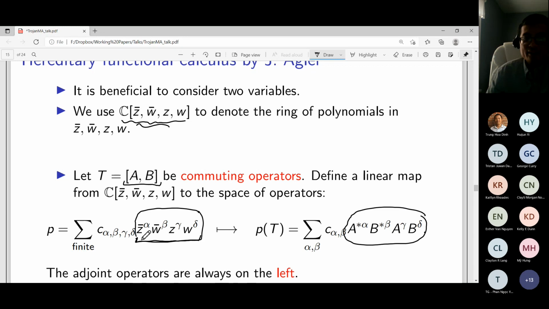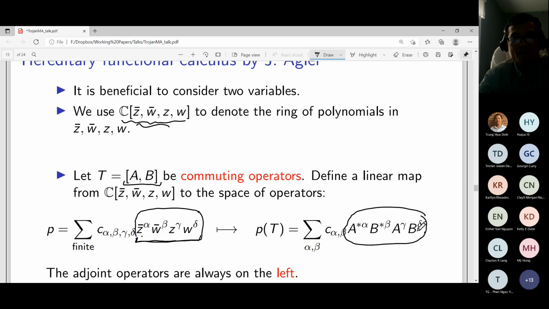So when you see z bar, you replace it by A star, that's the conjugate transpose. W bar is replaced by B star, and then z by A and w by B. That basically defines the linear map, keeping in mind that the star should always be on the left side, with the operators A and B on the right-hand side.